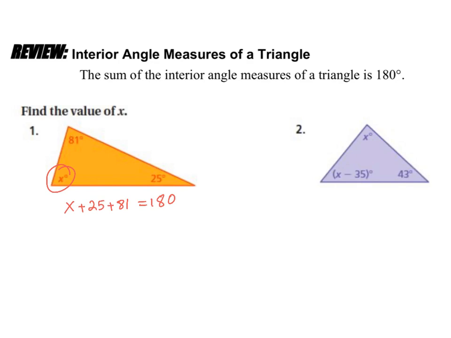It'd be x plus the x minus 35 plus the 43 adds up to 180, and we'd solve. For example, on the one on the left, we have x plus 106 is 180, subtract the 106, so x here would be 74 degrees.